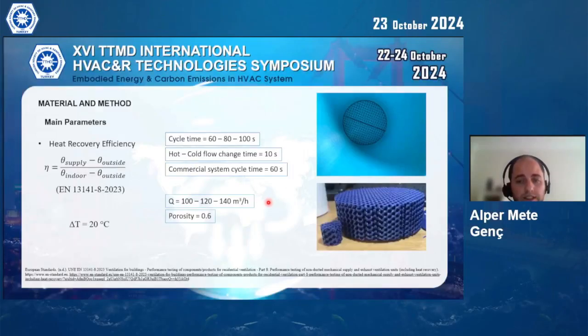In order to examine the performance of the system at higher flow rates, tests were also carried out at a flow rate of 140. As I mentioned before, the cycle time in commercial systems is 70 seconds, and we prefer these values to see the effect of the cycle time.